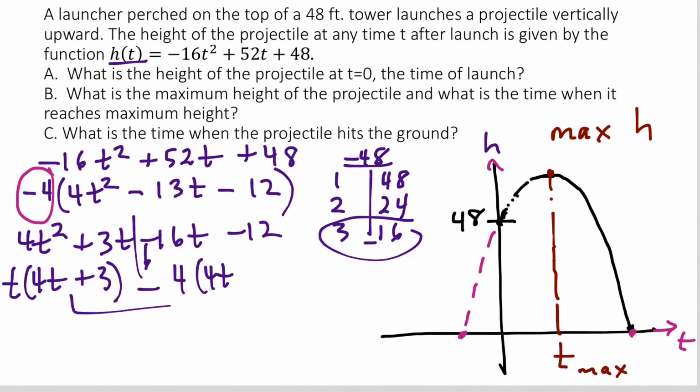So this is just going to repeat over here, plus 3. You want to check that and make sure you didn't mess up: 4t squared, 3t, negative 16t, and negative 12. Looks okay. So now I've got 4t plus 3, t minus 4.